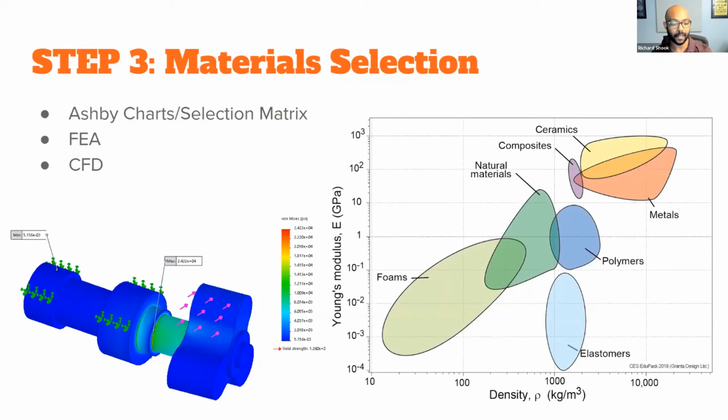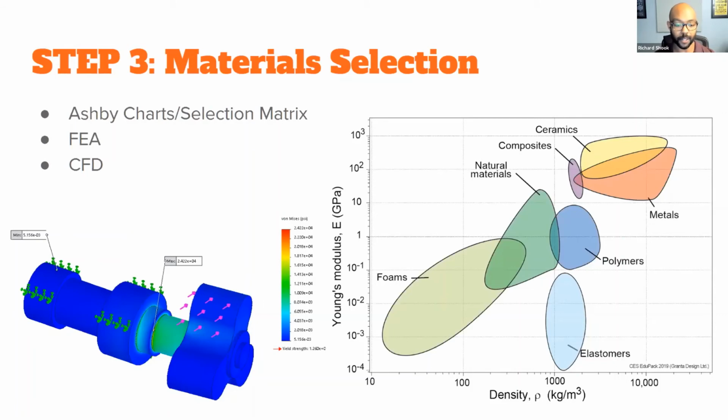Because of the shape, we were able to find our yield point of the shaft, and then based on our fixtures from the bearings, we were able to find a material that best suited this application.